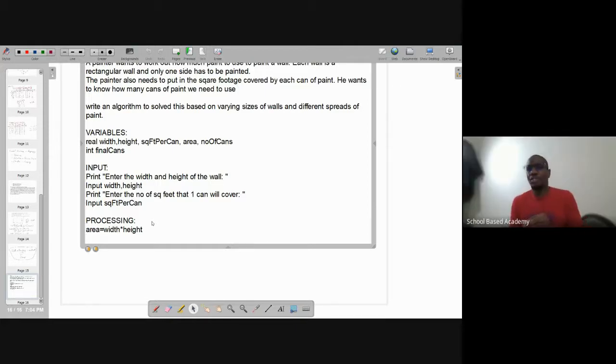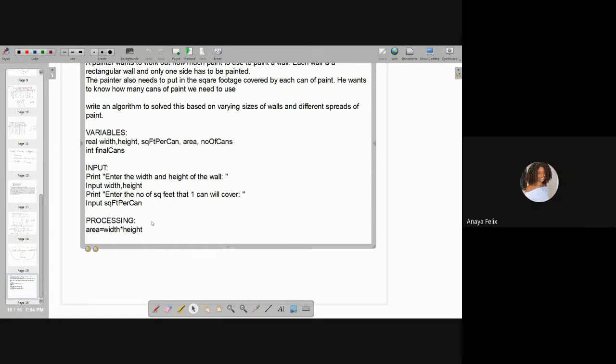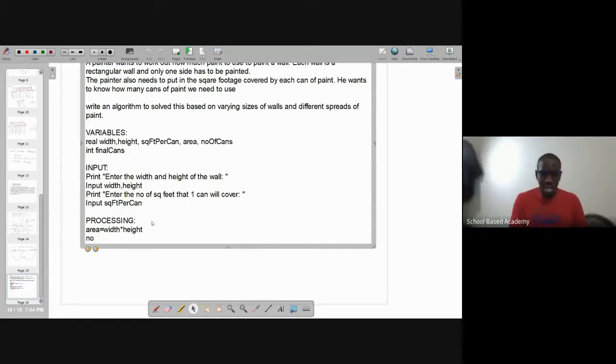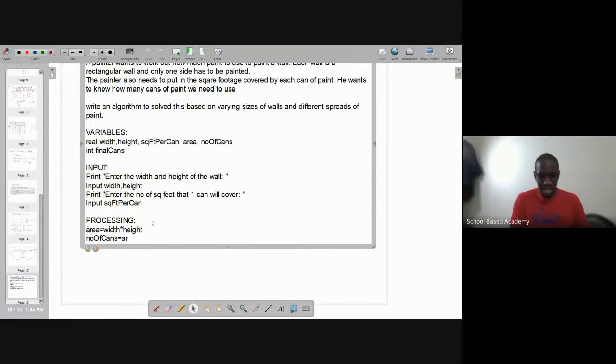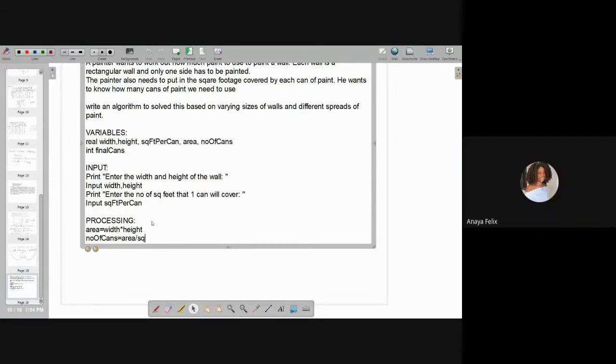And where are we storing that result? You have to put the variable for it. So you could say final can, number of cans, is equal to what? Area divided by square feet per can.